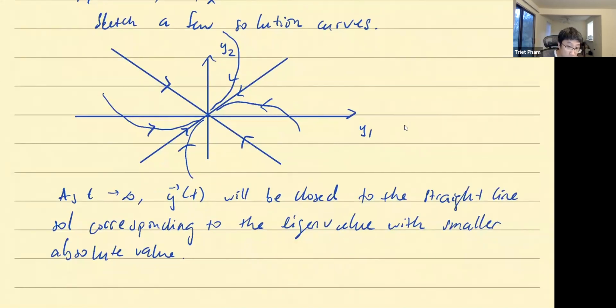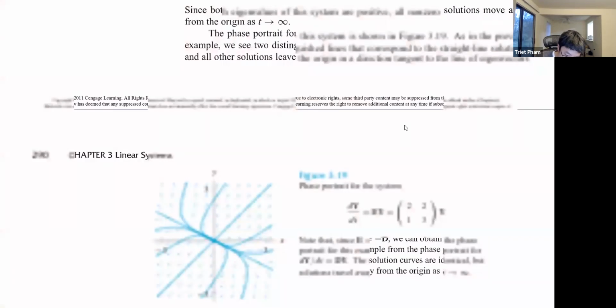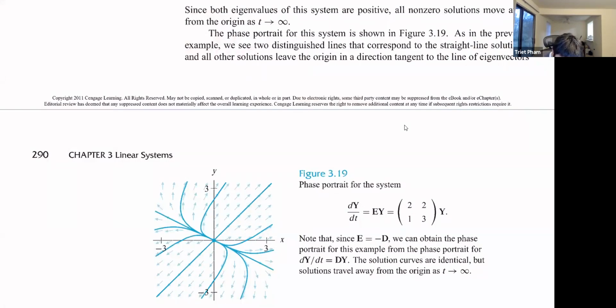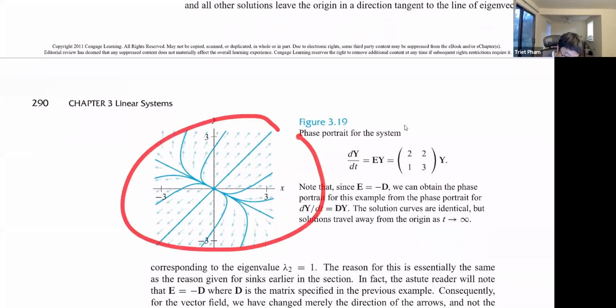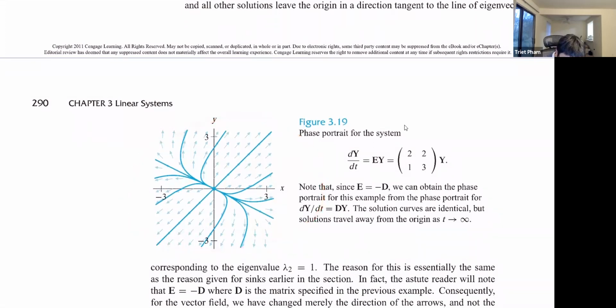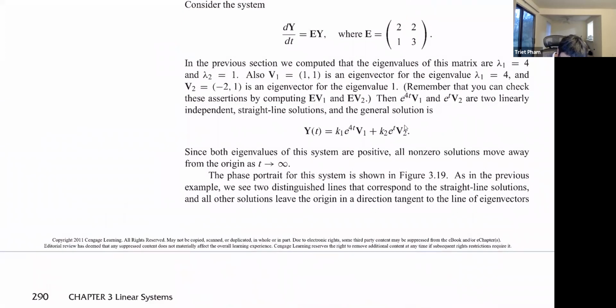Okay, so let me show you the picture from the text again, to highlight that this is exactly what happened in the textbook. The picture I want to show is this picture, where they have 2 eigenvalues being positive, and right here they say solutions move away from the origin.